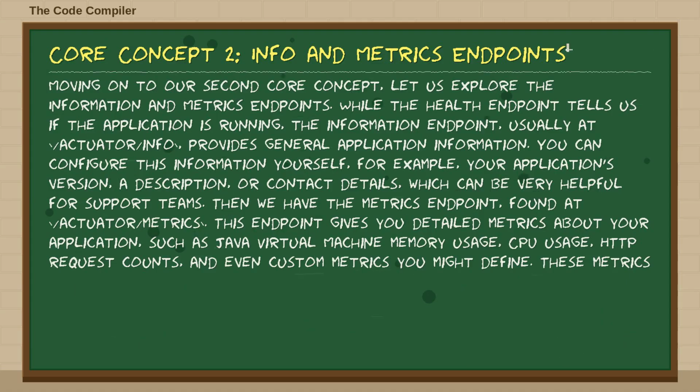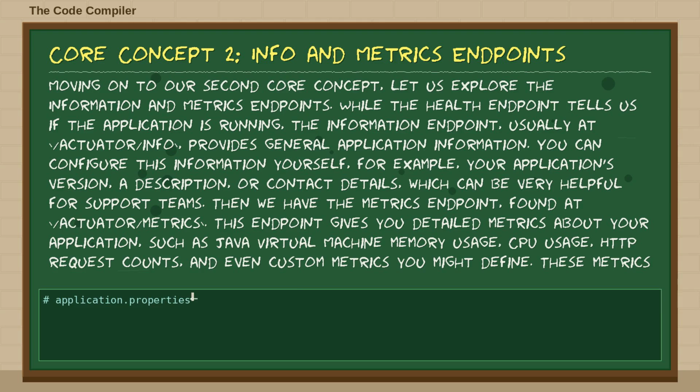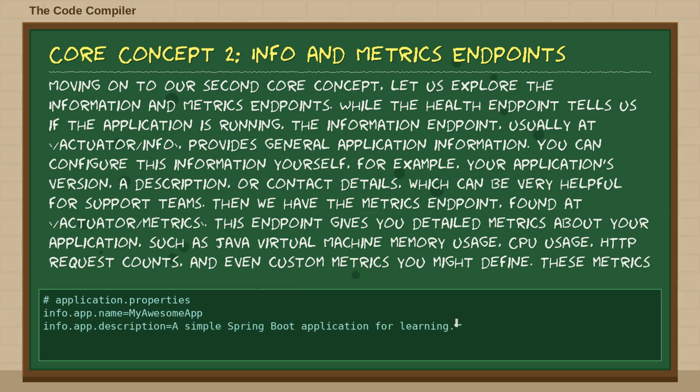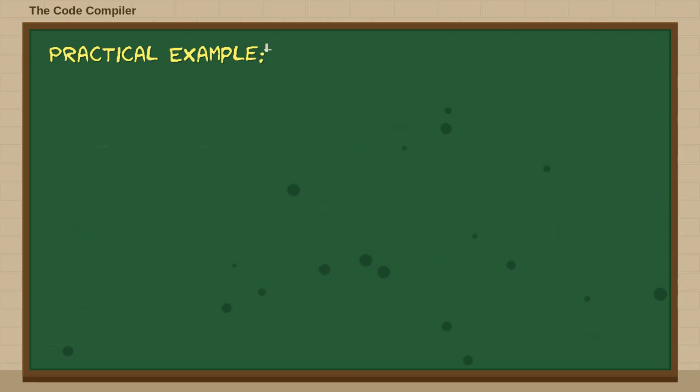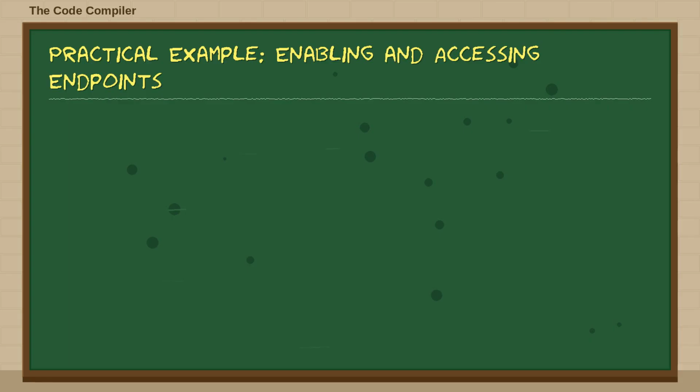These metrics are invaluable for understanding your application's performance and identifying potential bottlenecks. We can even expose custom properties through the information endpoint by simply adding them to our application.properties file. Now, let us put our knowledge into practice with a simple example.